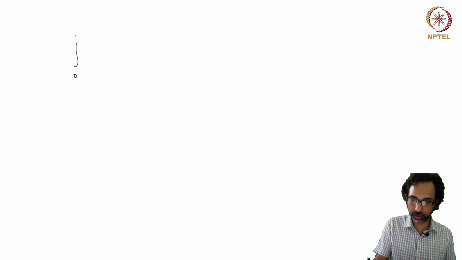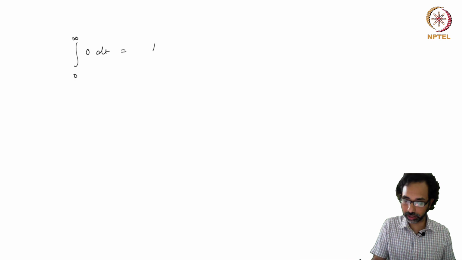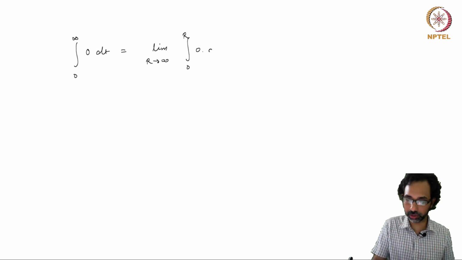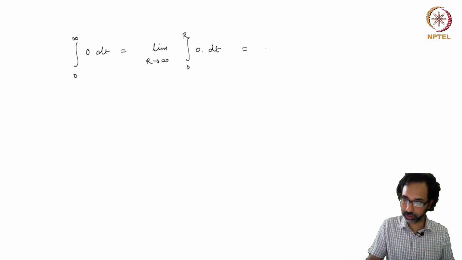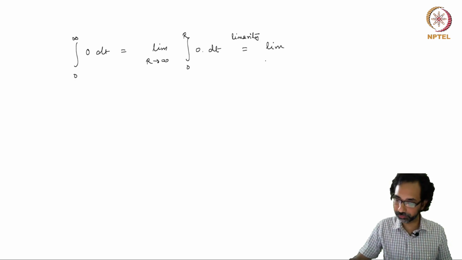So we can write the integral from 0 to infinity of 0 dt as the limit as r tends to infinity of the integral from 0 to r of 0 dt. Now I can use the linearity property without any problems.